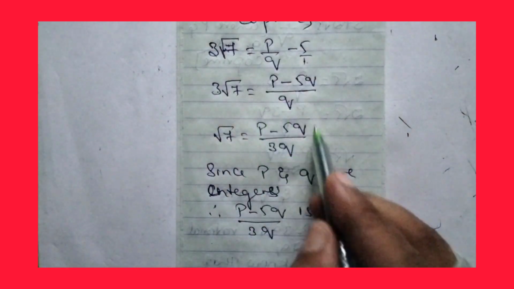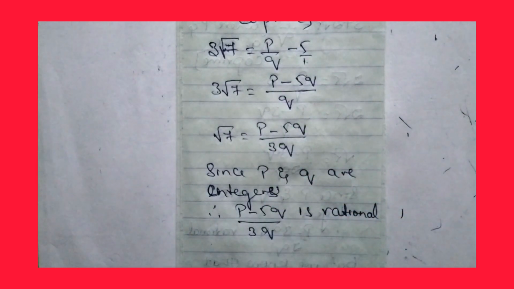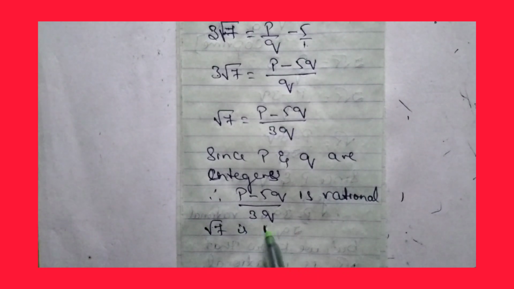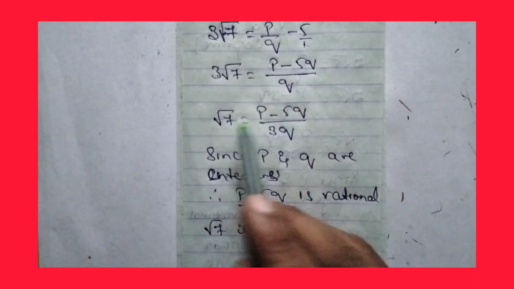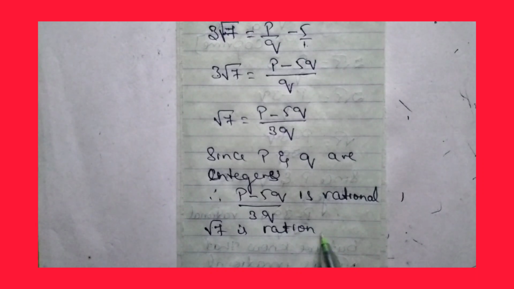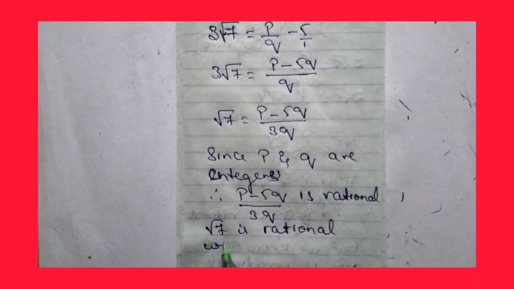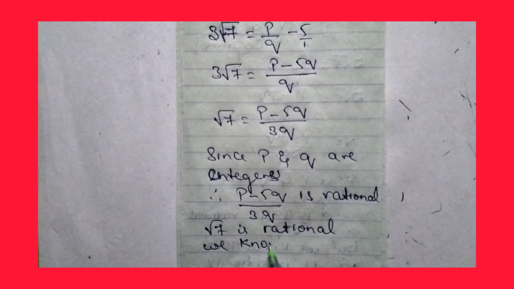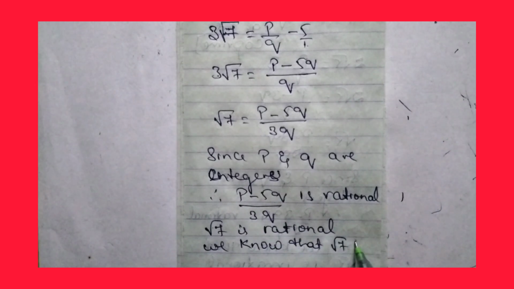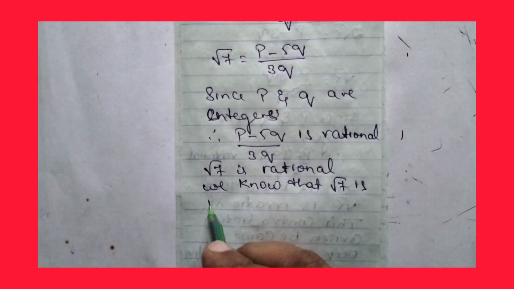If this is rational, then root 7 is rational, because both are equal. If this is rational, then this is also rational. But we know that, already we have proved that, root 7 is irrational.